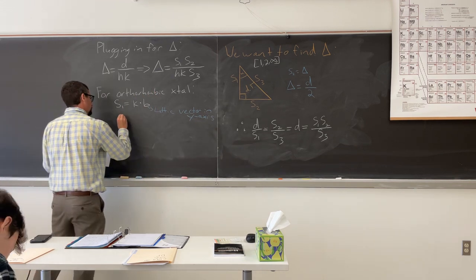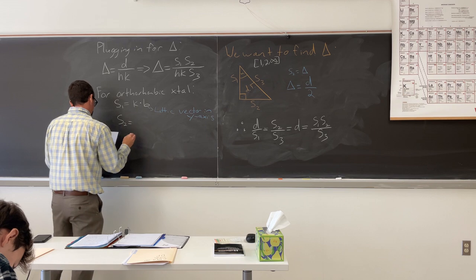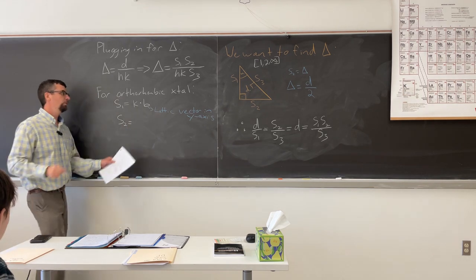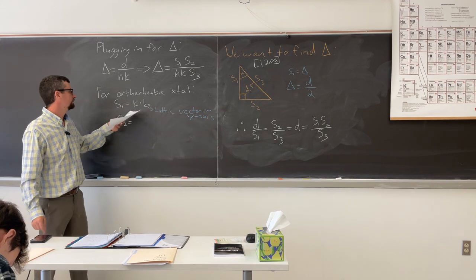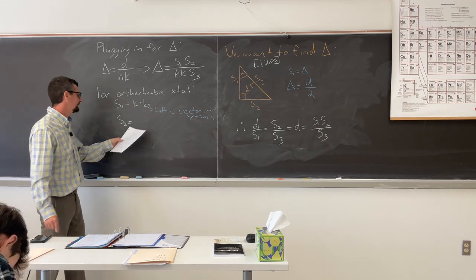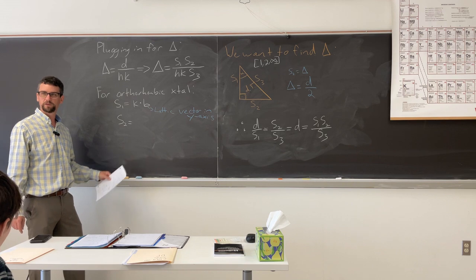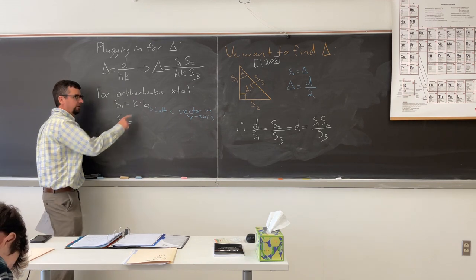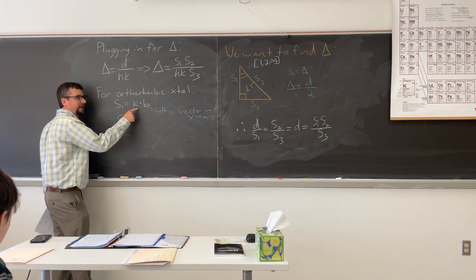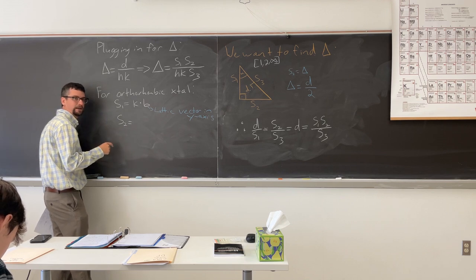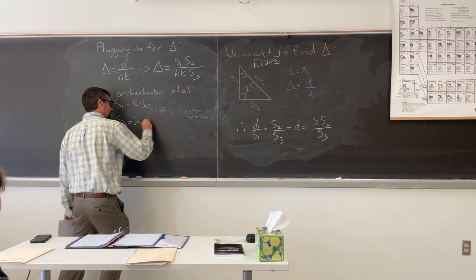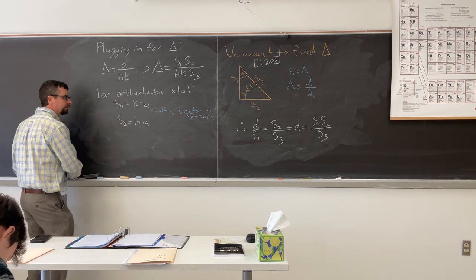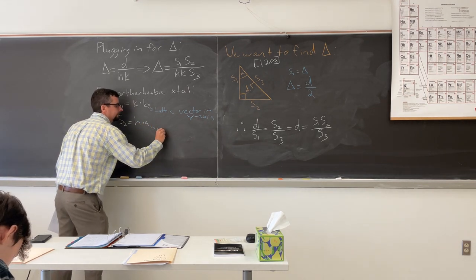And S2, if S1, because we're talking about reciprocal space here, S2 has to be equal to what? Given S1 was KB, what do you think S2 will be? H times A. Yep. And what's A again? Yep.